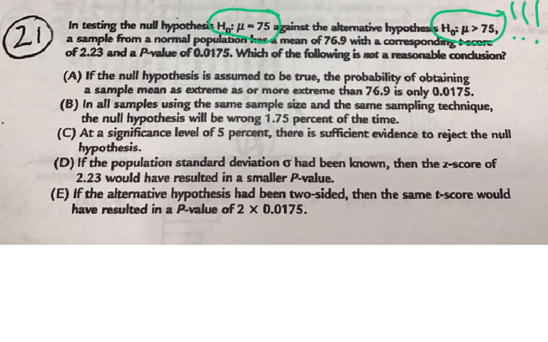Our sample gave us a mean of 76.9 with a corresponding t-score of 2.23 and a p-value of 0.0175. Notice that this p-value, guys, is pretty small. It's less than 2%, a little over 1%, which by far is less than 0.05, right? So 0.0175 is definitely less than 5%. Remember, this is our typical alpha or threshold value.